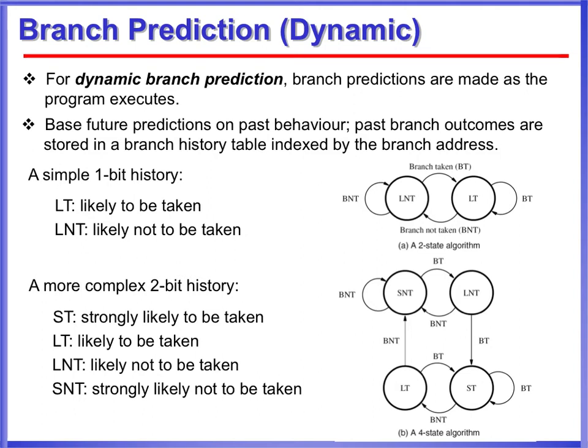In very few cases, maybe it's better to have 1-bit because of the way the code is written. Depending on how the code is written, it could be that if you're wrong once, you do wanna change, because the next time it's likely to be that way. But 2 bits of memory versus 1 bit of memory, that's not really a disadvantage. Most of the time, this is gonna be advantageous.